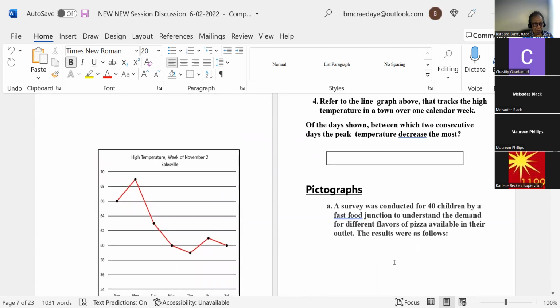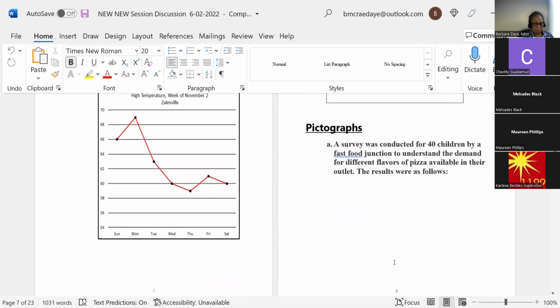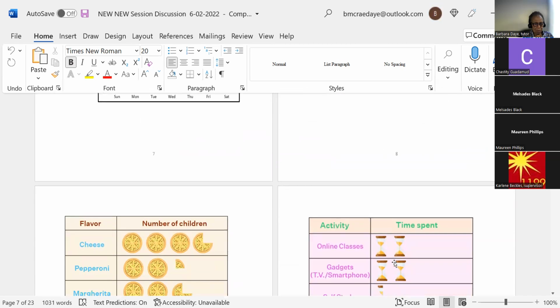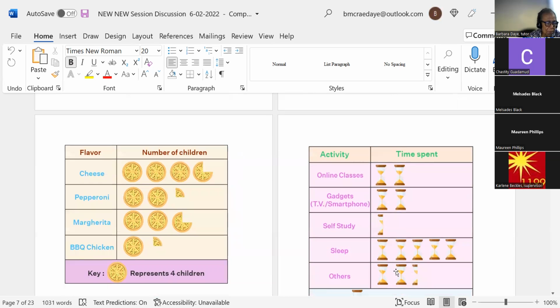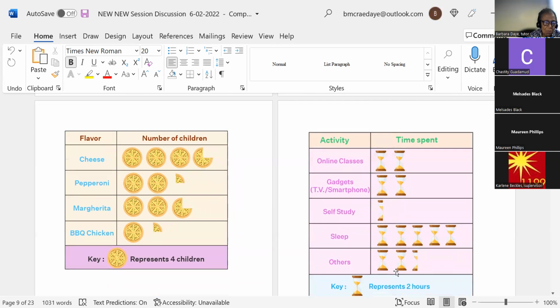Okay, I want to just do a pictograph for you. A pictograph is where a picture represents something in the graph. Like here, you're looking at flavor of pizza and the number of children.